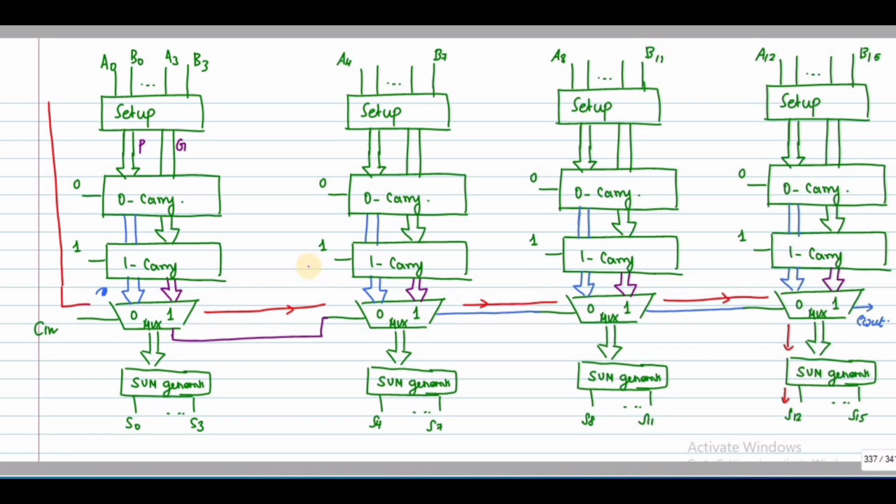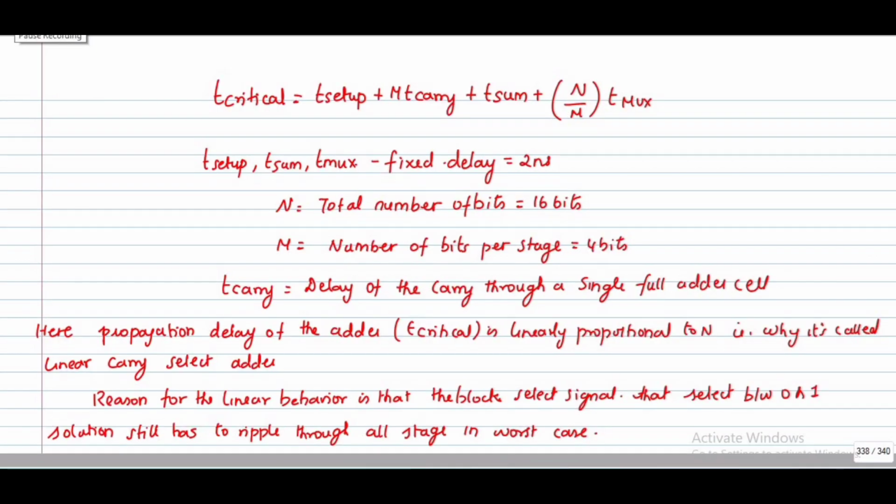For that you require M into T carry, where M represents 4 bits, and totally this is a 16-bit adder. So I have split it into 4 bits, so M is equal to 4 bits. You can see I have used 4 muxes.